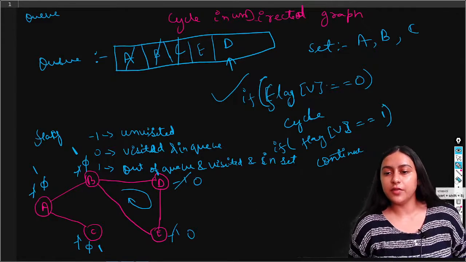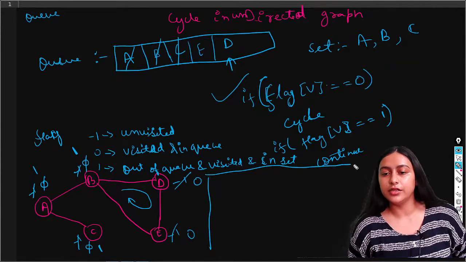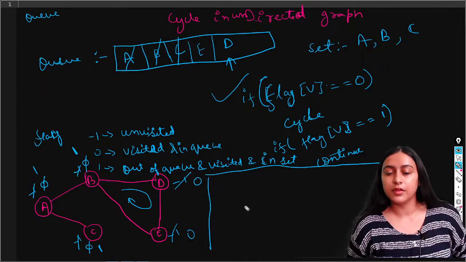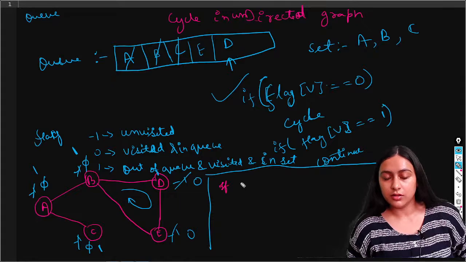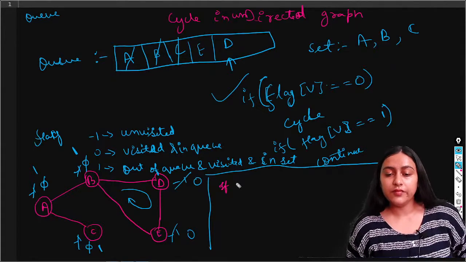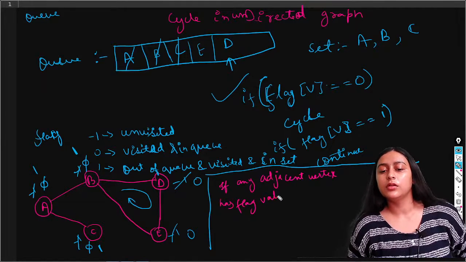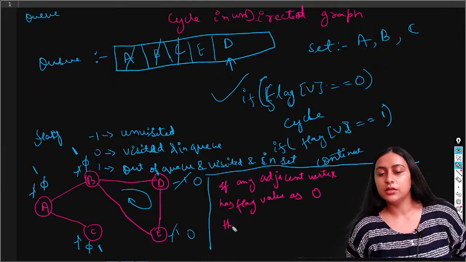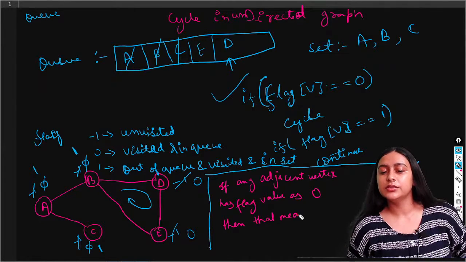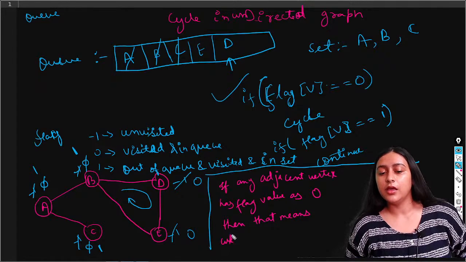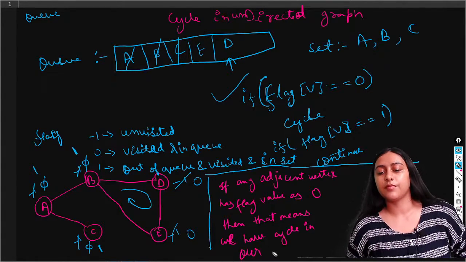So from here I can write a condition that if any adjacent vertex has flag value 0, then that means we have a cycle in our graph.